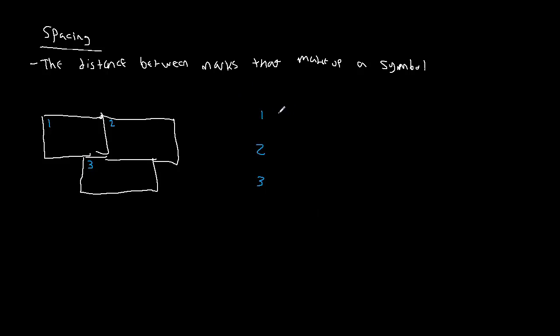I'm keeping these abstract because I want to prove that this is not necessarily dependent on a particular variable, but rather on the category of the attribute itself. But I'm saying 1, 2, and 3 here just so that we know that they are truly different. They're not the same. So when I say that spacing is the distance between marks that make up a symbol, let's say that we have 3 different polygons with 3 different values. What we could do here is something like this.